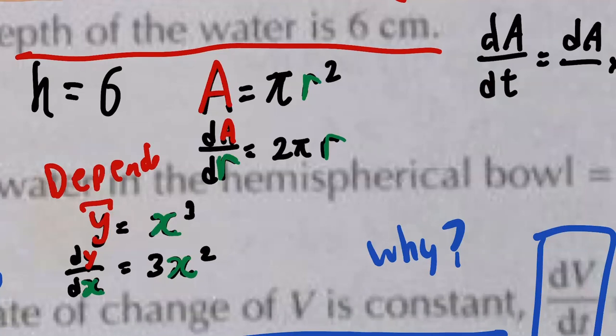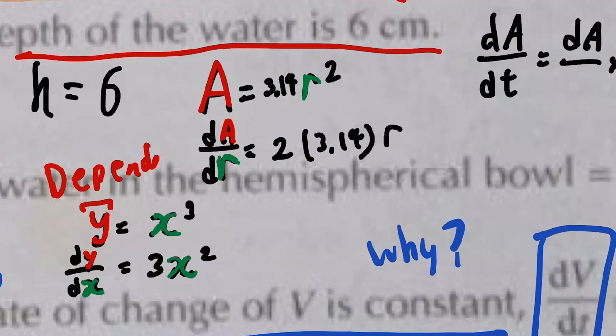Pi is just a constant. You can think of it as 3.14, just a number. When you differentiate with respect to R, the 2 goes down and minus 1. So it becomes 2 times 3.14 times R to the power 2 minus 1, which is really just R. Is it clear?